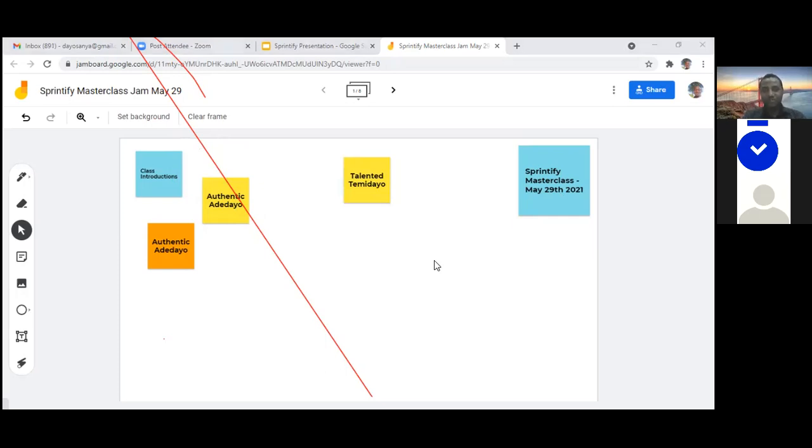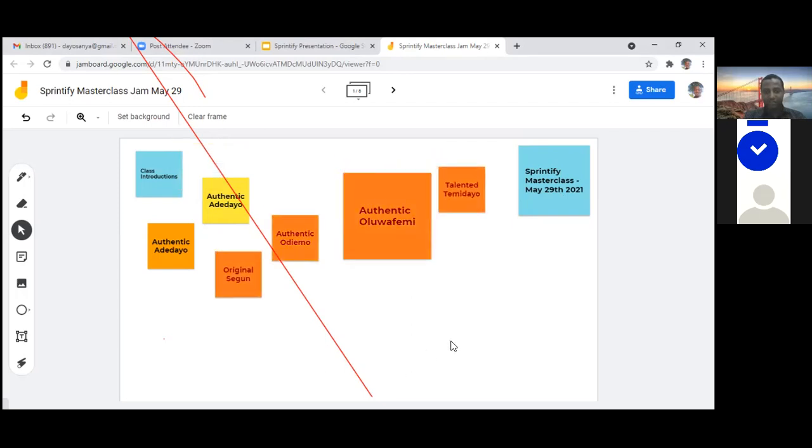Please let me know. Yes, I can see authentic Oluwafemi.